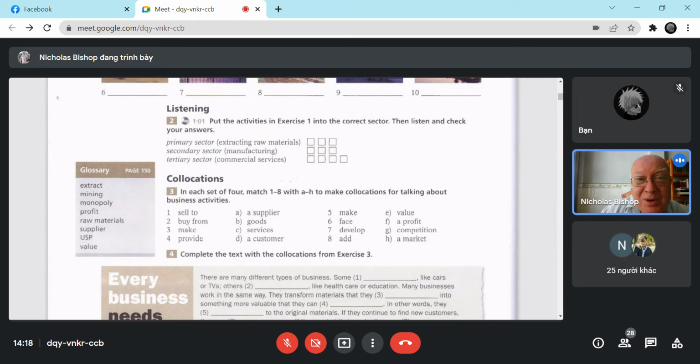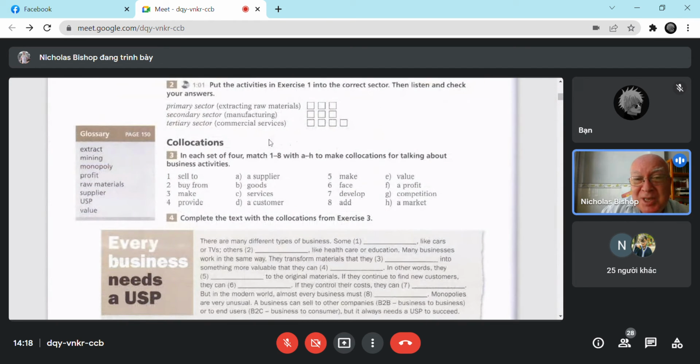Right, so we got to number 3 where it says this word, collocations, which if you remember just means kind of phrases. On the left, there's a glossary. Do you know these words?